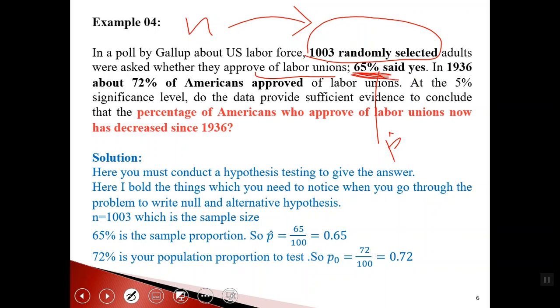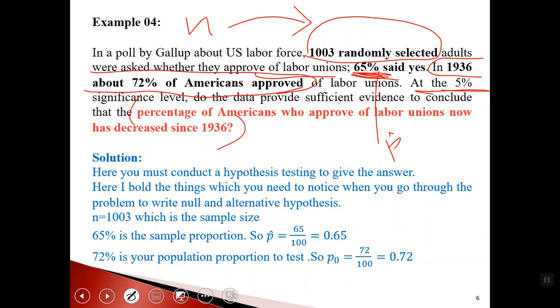Okay, and in 1936 about 72% of Americans approved. In this line they haven't mentioned anything about a sample. They just consider in 1936 about 72% of Americans. So from the entire population of Americans, 72%, which means it is your population proportion. 5% significance level, so alpha is 0.05.